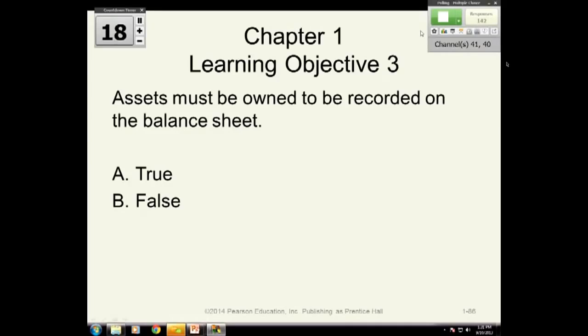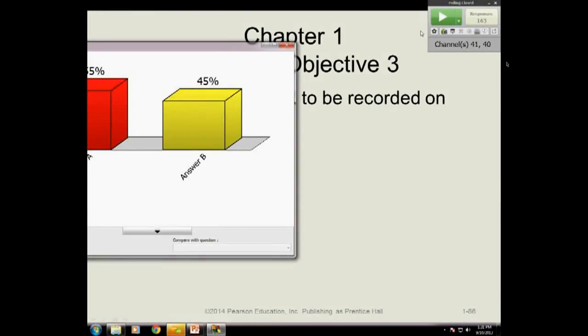At least the number of clickers are going up. It's not working. Last time you tell me when. Channel 41, right? It's on the wrong channel, that's why.